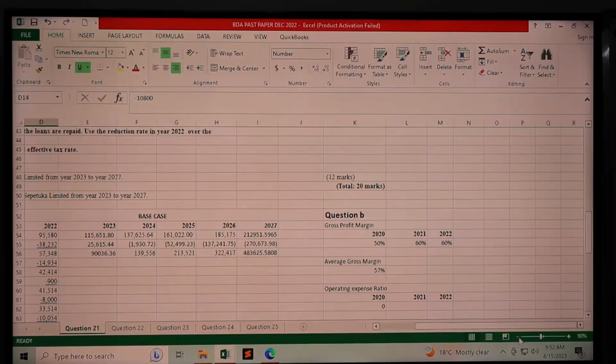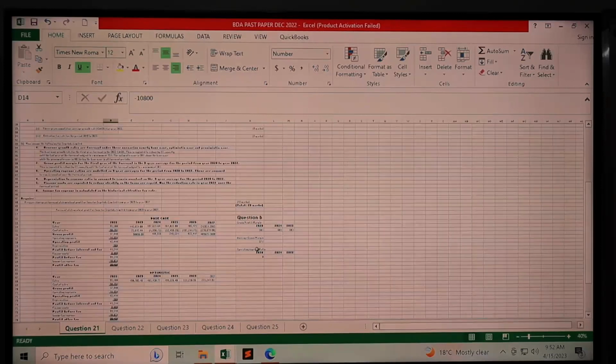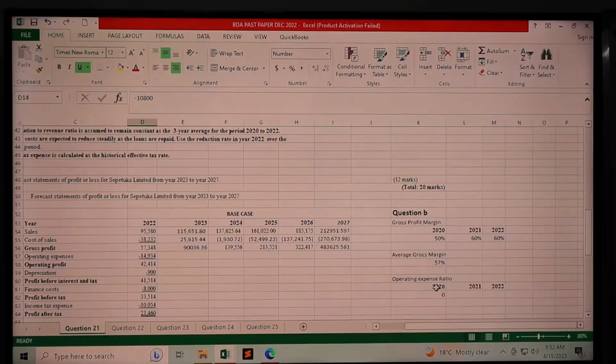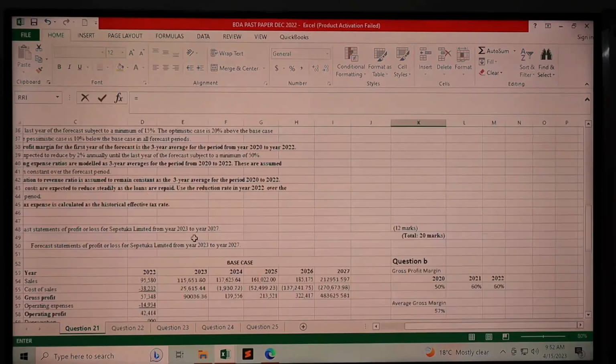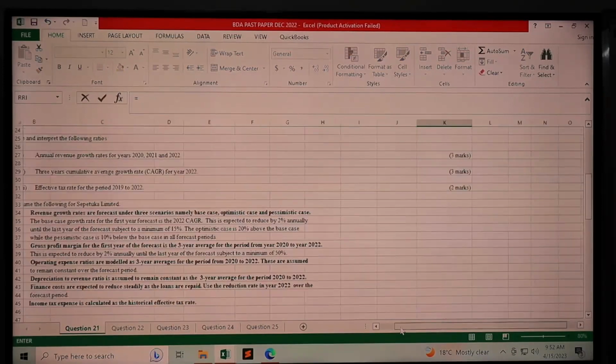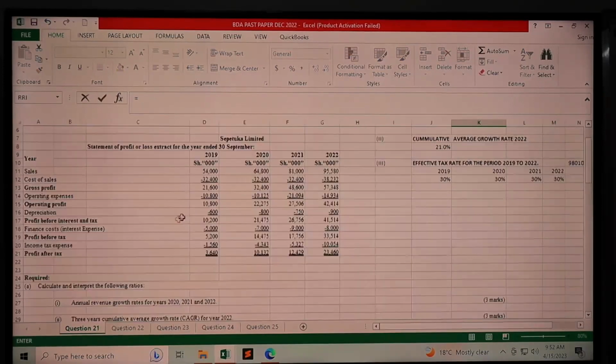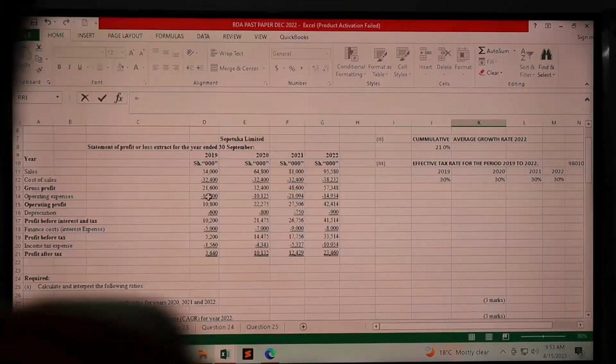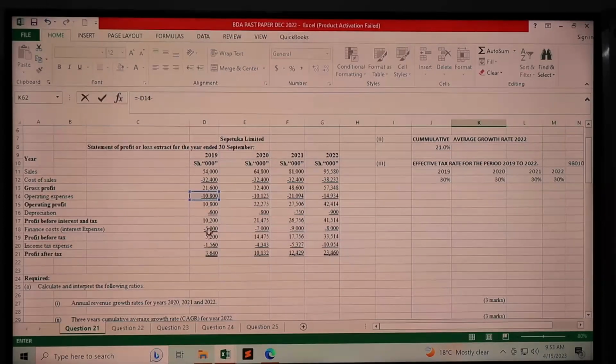So we'll say is equal to. We start with operating expenses, and you need it to be a positive value, minus this, then that one in bracket.